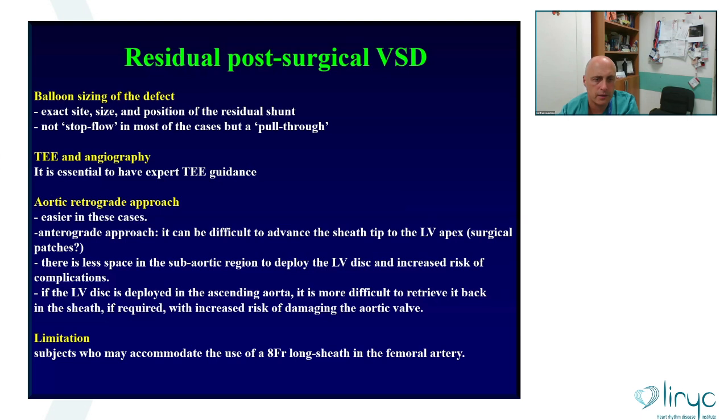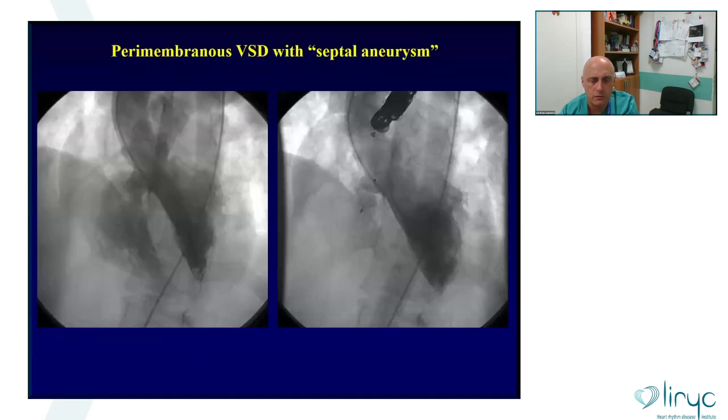Some tips and tricks, but the most important thing for me is to use a balloon to check the position of the defect and have a better understanding of the size. Truly perimembranous VSDs are nowadays not plausible anymore, because we do not have what was a very nice device that Mark showed already, but the problem was the occurrence of complete heart block in a significant number of patients.